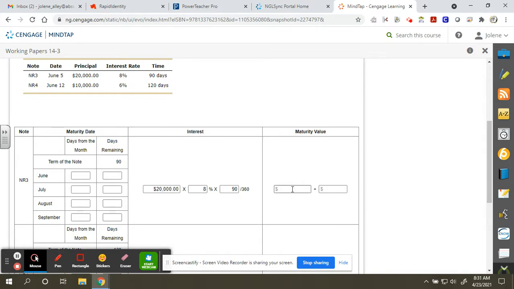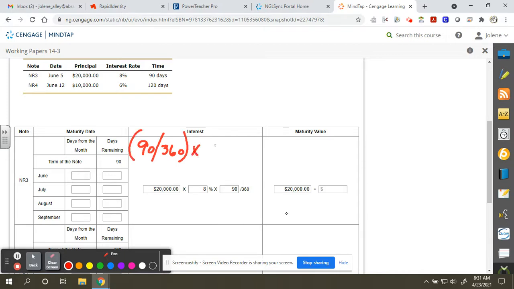This, again, is $20,000, the principal. But this is going to be our interest. So what I want you to do, and here I'm going to show you an easier way to do it, I want you to do the 90 divided by 360 by itself. So that's why I'm putting the parentheses around it.